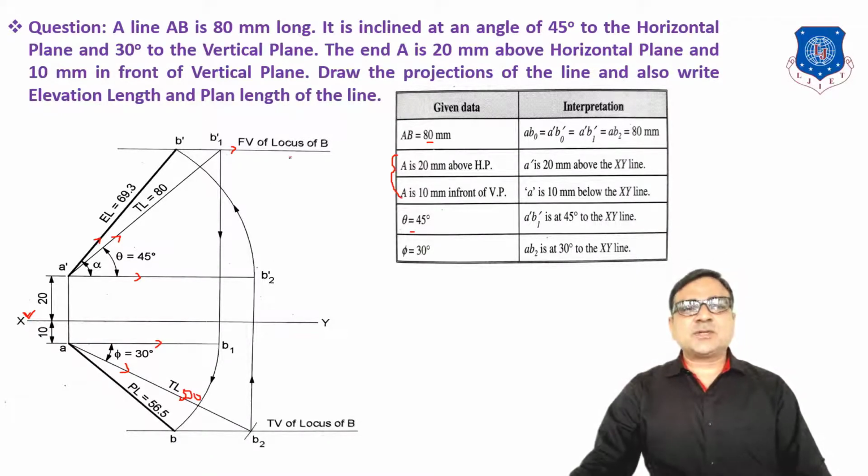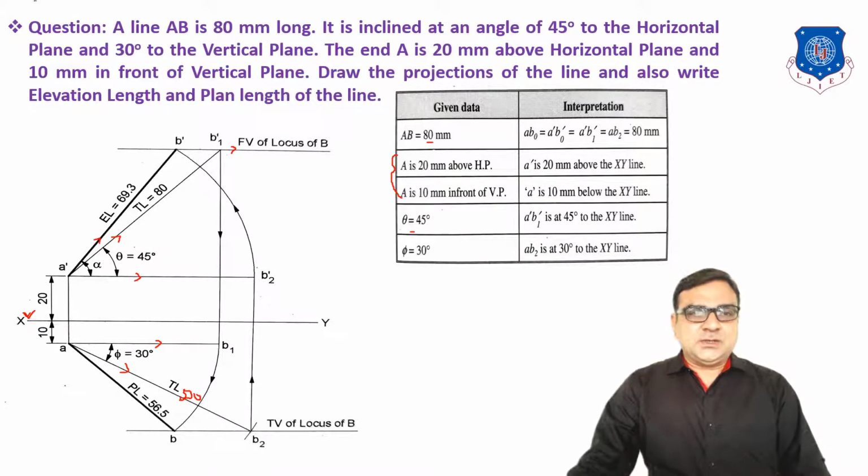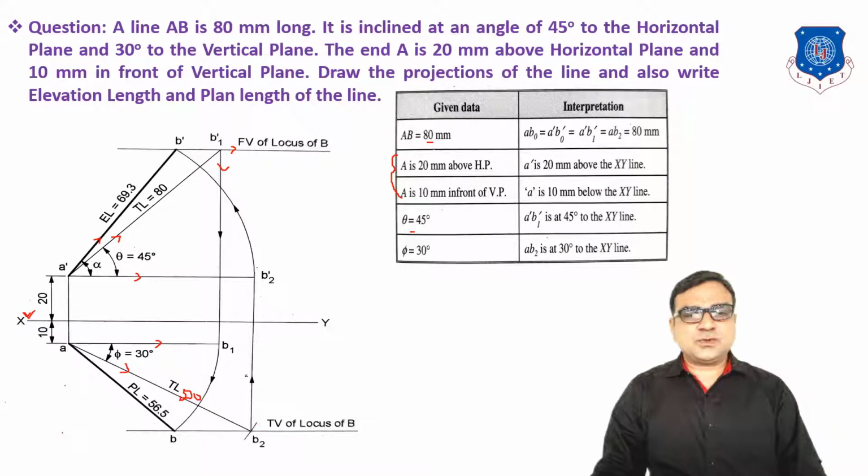So now we have the loci of B dash and B, on which we will get the front view of B and the top view of B. So how do we get B dash and B? For that we draw a vertical line from B1 dash up to the horizontal line of A, which is known as B1, and from B2 draw a vertical line up to the horizontal line of A dash, which is known as B2 dash.